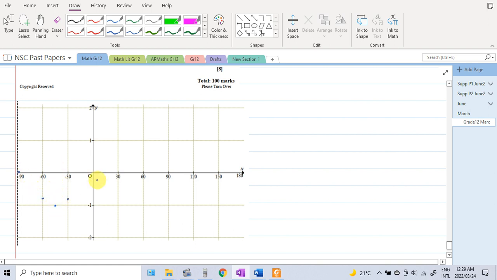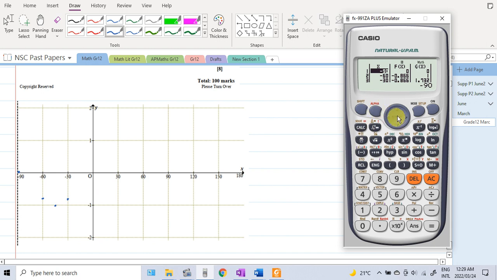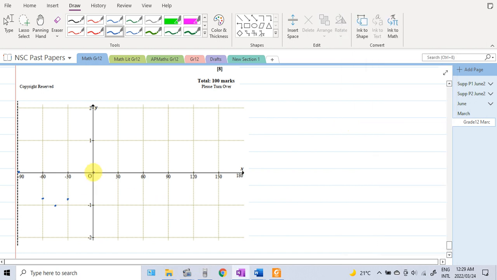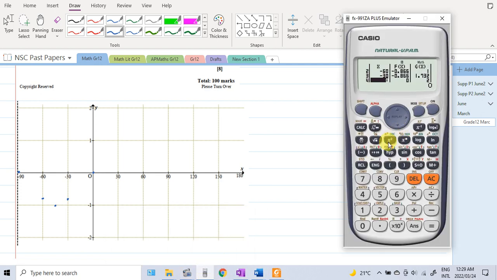For the next value you should get a 0. So you can't join those two like this, you have to join it up like this and go up. You can see how quickly this graph is being drawn. At 30 degrees, 0.866. Same scenario here, so you put something in between.